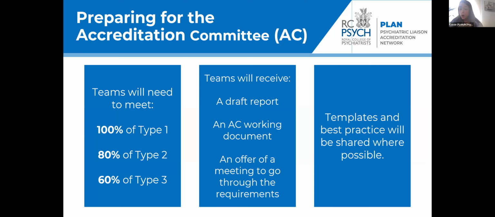One of the other best practice examples we have is staff receive training on recognising and communicating with people with learning disability or cognitive impairment. We've got an example from another team of the kind of training we're looking for.